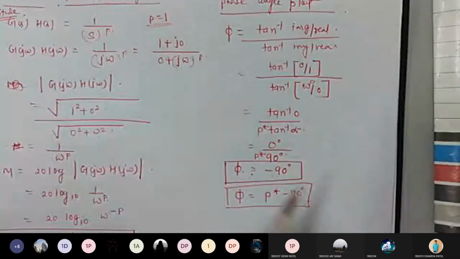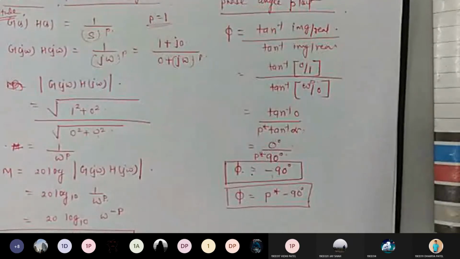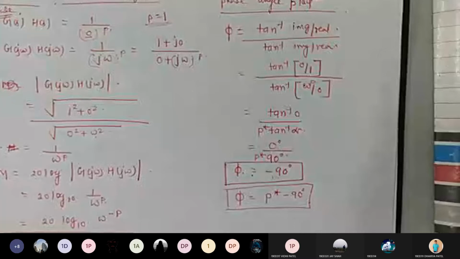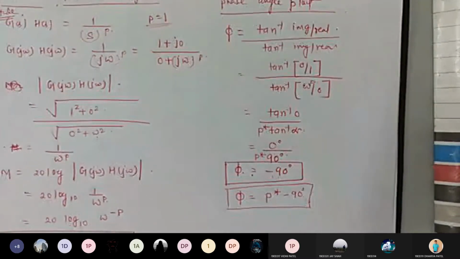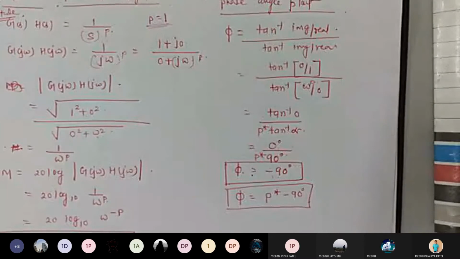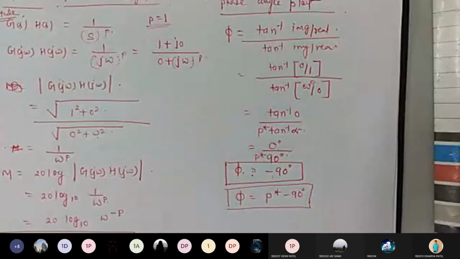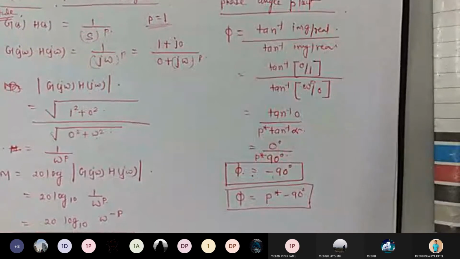Okay, so 0 minus 90 is nothing but minus 90 degree. Yes, sir. How minus 90 degree came, is it okay now or should I explain again?